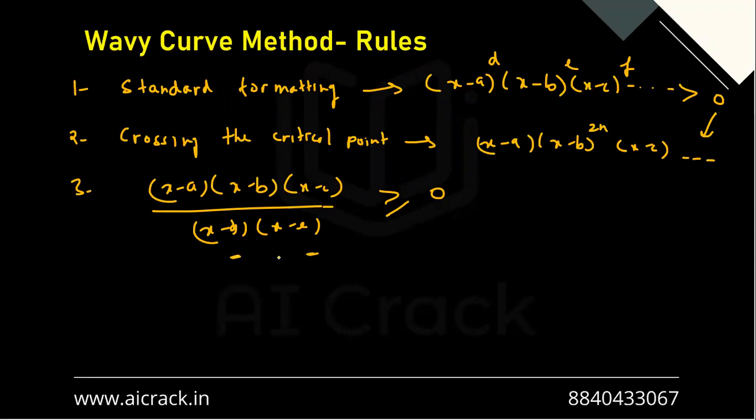Whenever we are marking the number line, we'll always keep the open circle at d and e in case of an inequality of this format, basically the denominator format. So these are the three major rules of the wavy curve method. And I hope you got the point of how to build that intuition for it.